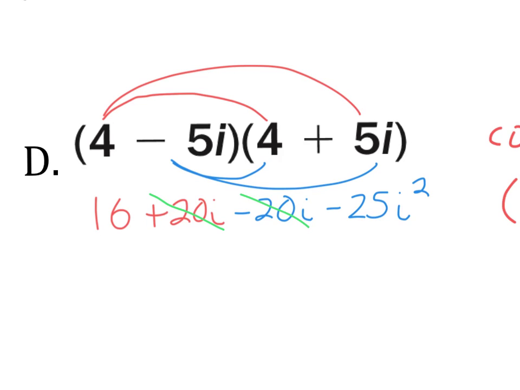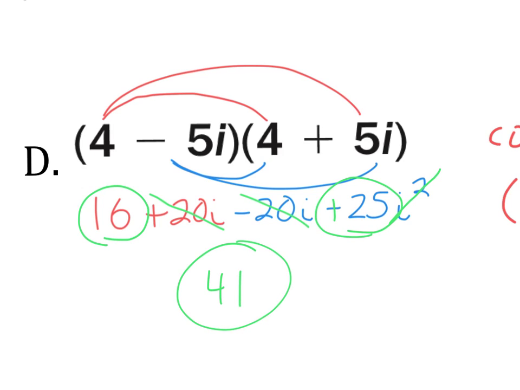They just completely drop out, so I don't even need to write those. Molly observed that this i squared becomes negative 1. So effectively it changes that negative 25i squared to positive 25. And now combining like terms, we simply get 41. Not quite the answer to life, the universe, and everything, but we are getting there.